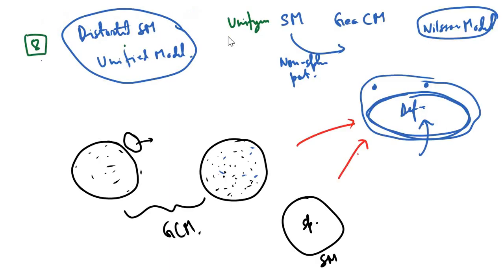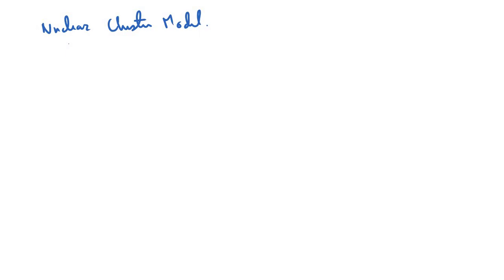Now there is yet another model which is of importance. This is basically known as your nuclear cluster model. Okay, so this is your model number 9, you can say. Now what happens here is this. Basically, in this particular model, the nucleons in the nucleus are considered to group together in energetically favored clusters.